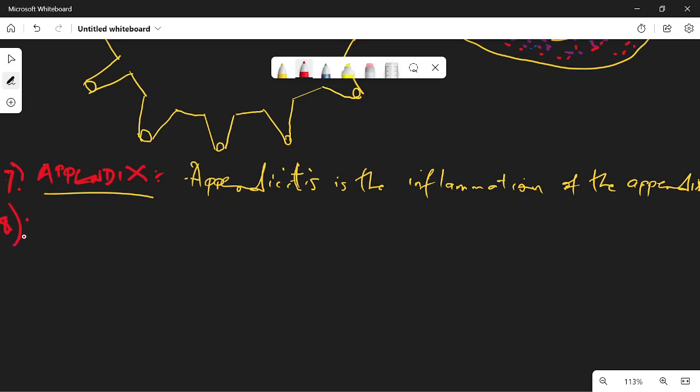So the next organ, earlier on we were talking about the large intestine, and I told us that it is the large intestine that helps to eliminate waste from the body.